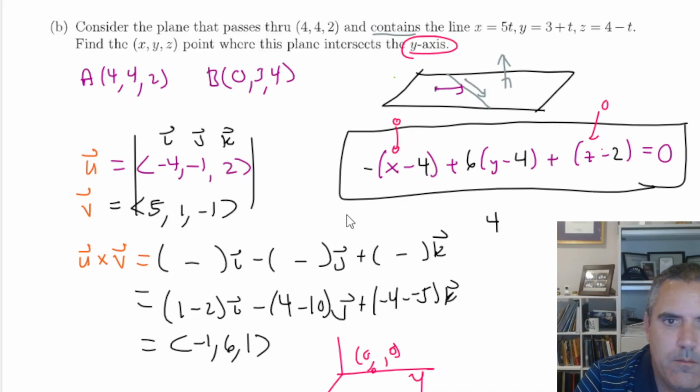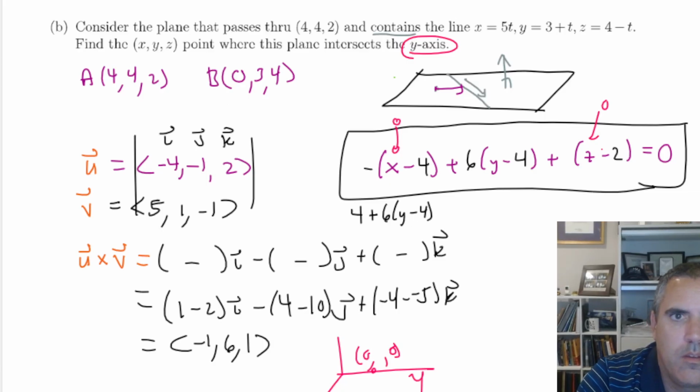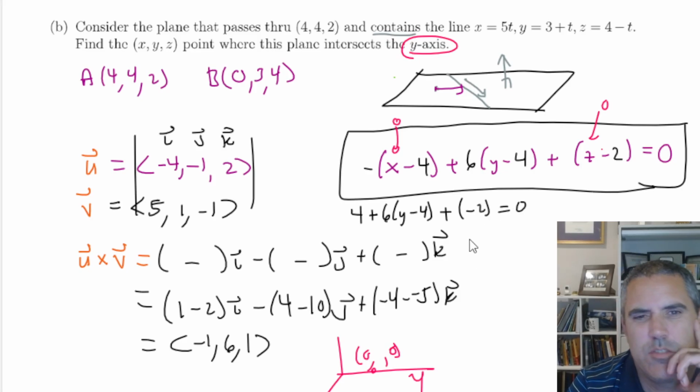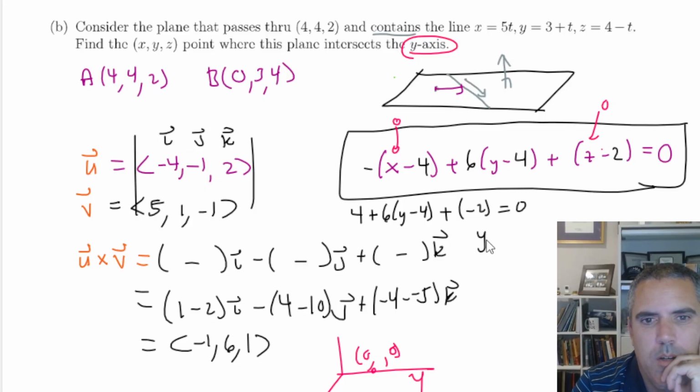So you get 4, when I plug in a 0 here, plus 6 times y minus 4, plus negative 2 equals 0. Let's see, that gives you y minus 4 is negative 2 over 6.